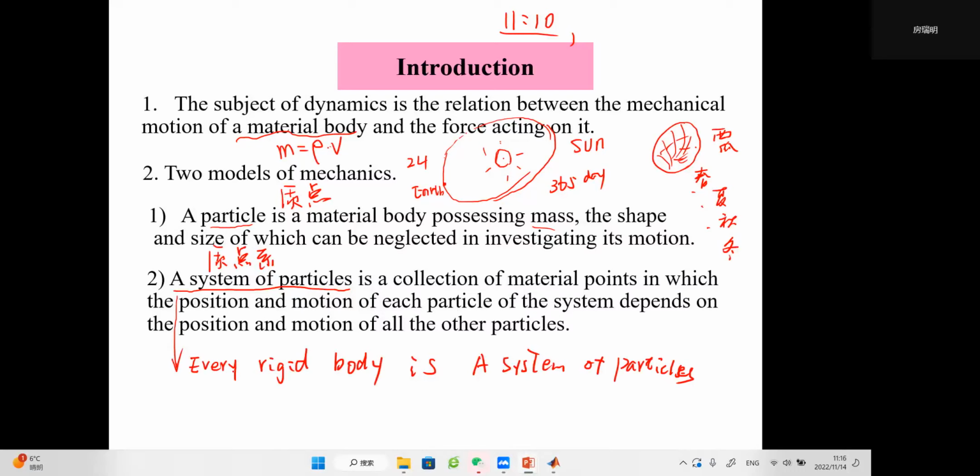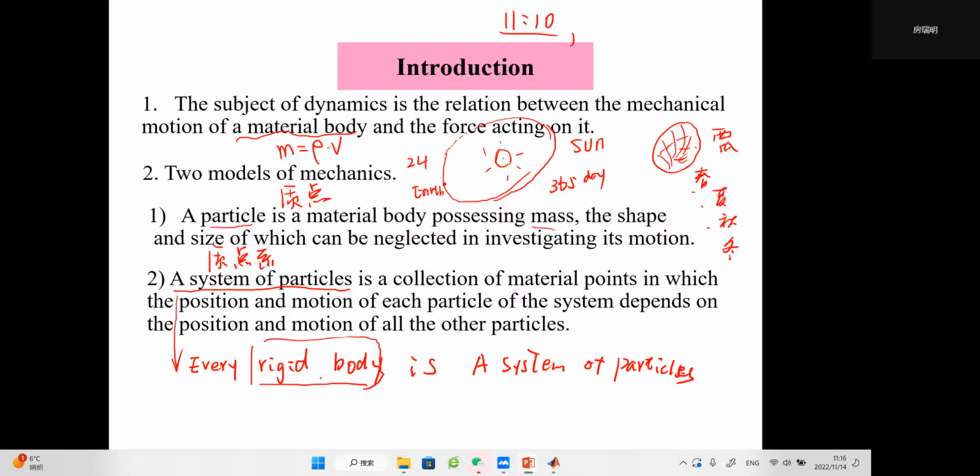So we can look at a rigid body, because a rigid body may have some mass, some shape and size. There are a lot of particles that constitute this rigid body. Any two particles on this rigid body will never change their relative position, because a rigid body actually is an ideal model, right?